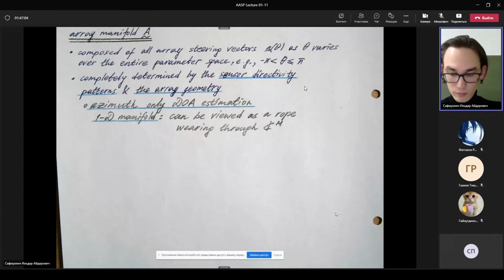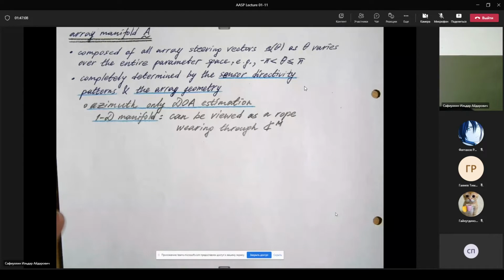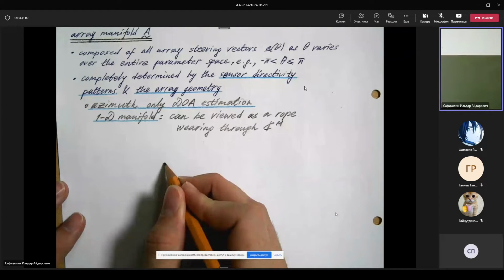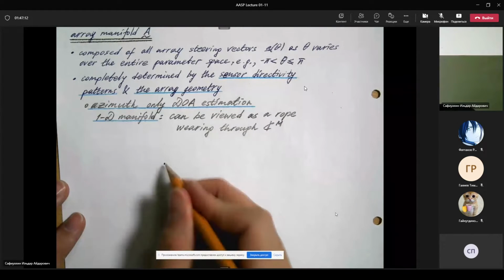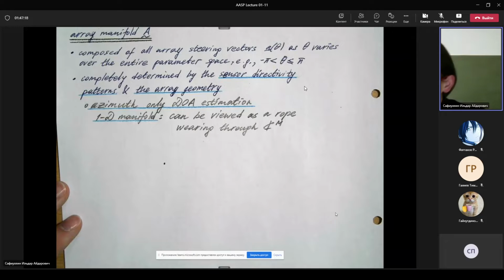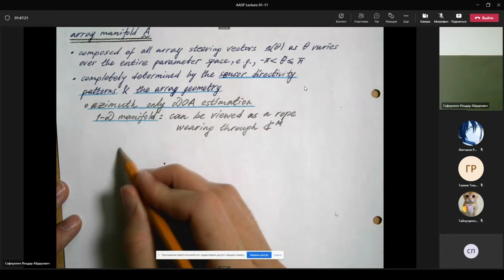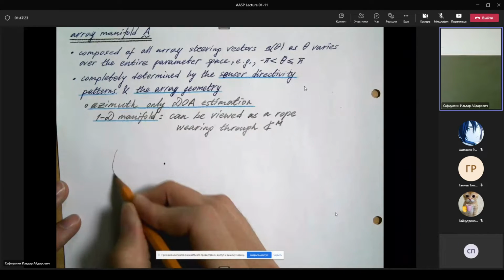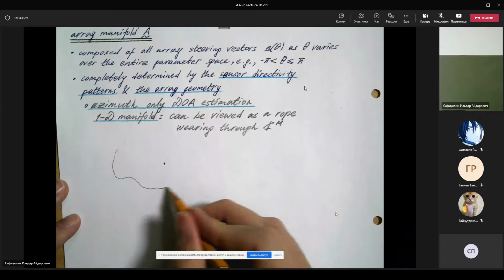And in this case, we can show, let's say, some initial point here, and I will show you some example of this rope. So maybe something like this one.